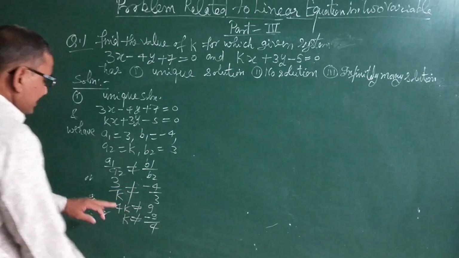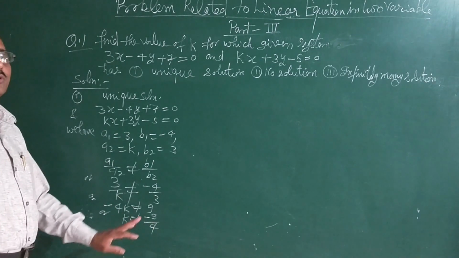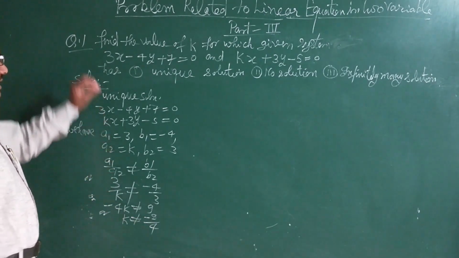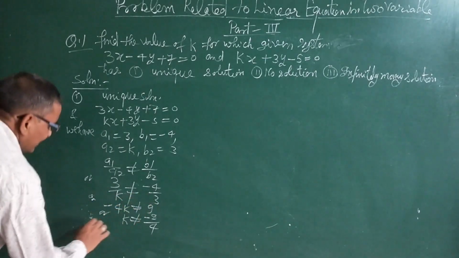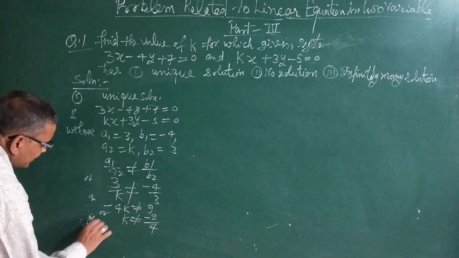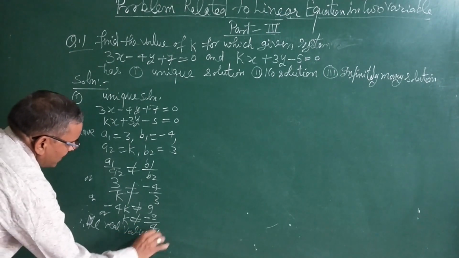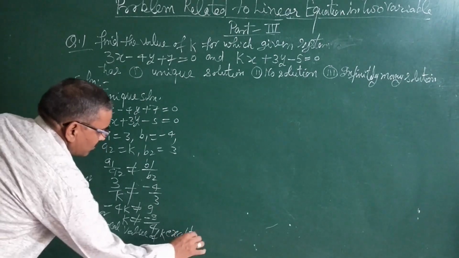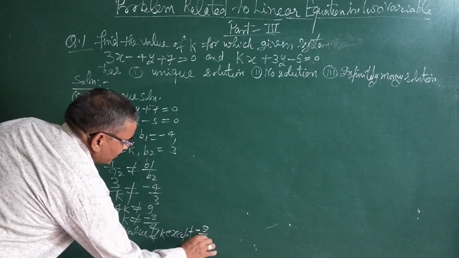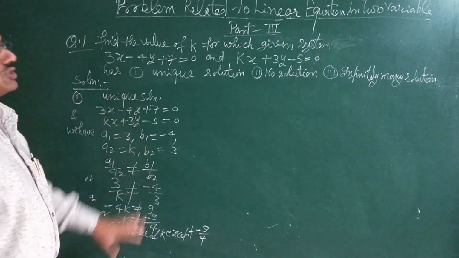Therefore, all the real values of k except minus 9 upon 4 give the unique solution of this system.